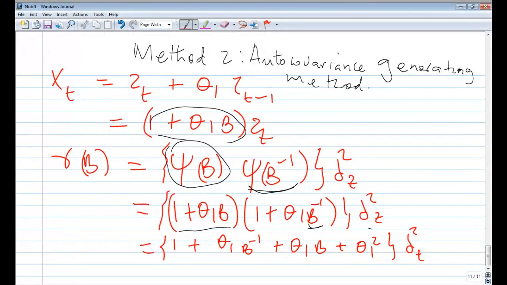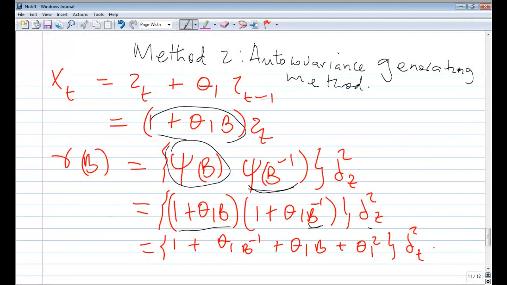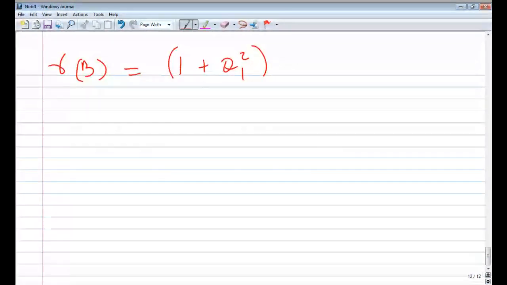Yes, sir. So gamma B is equal to 1 plus theta 1 squared. We group them together, this one, because they are constant. Okay? Group them together. It becomes 1 plus theta 1 squared.